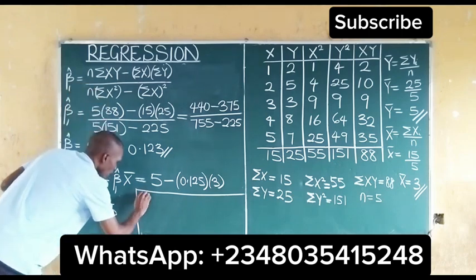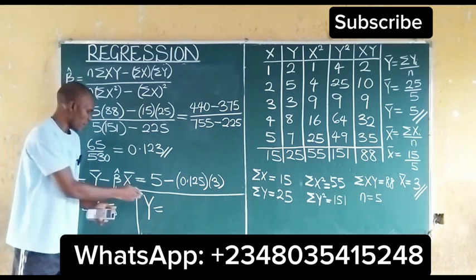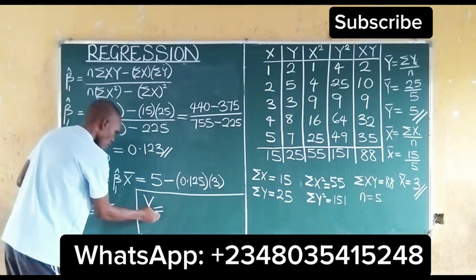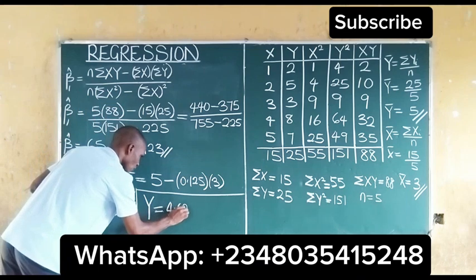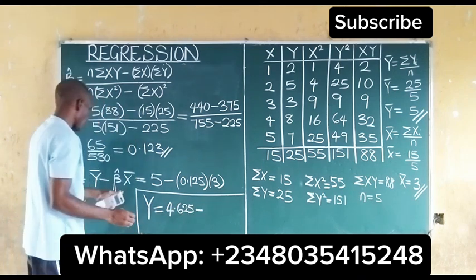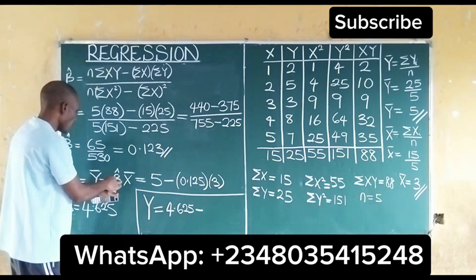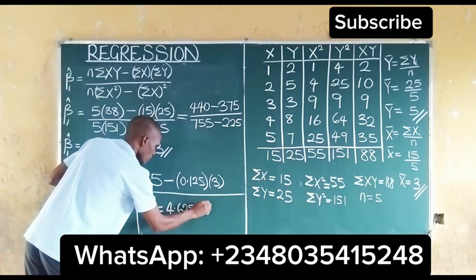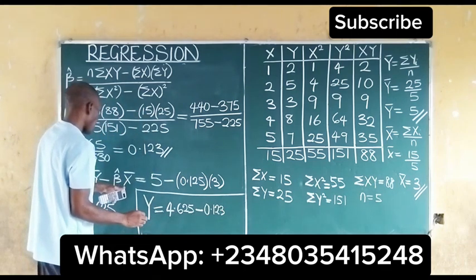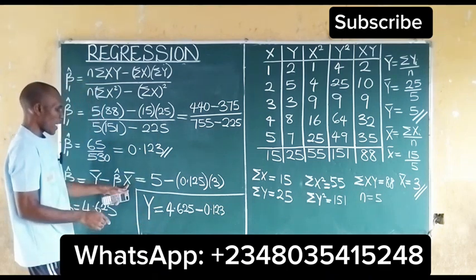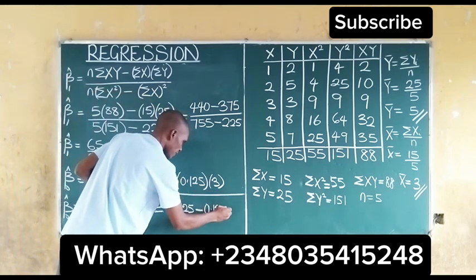Of course, like I said previously, we can now write the model. Our B naught is 4.625, plus B1, which we got as 0.123, multiplied by our x bar, which is 3.